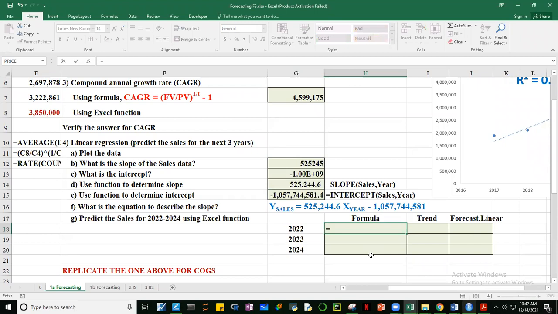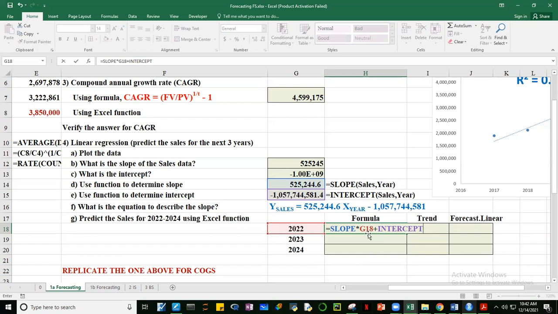Okay, using the formula, which is this one. So this is your slope, diba? Slope times what? X. Ano yung X natin? Yung 2022. So slope times the year and then plus intercept. There. Yan yung equation natin.